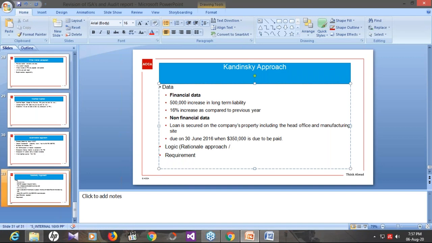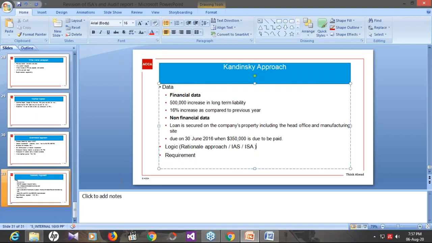Everyone knows what will happen next. So this is called rational approach. But sometimes an accounting standard is the logic and sometimes ISA is the logic. In this question, accounting standards and ISAs are irrelevant because we need to discuss according to the rational approach how this data is going to cast doubt on the going concern of the company.